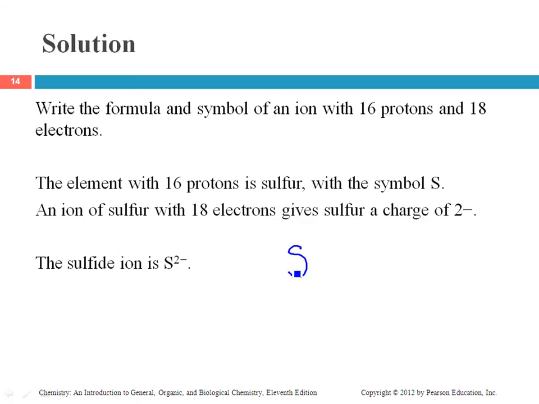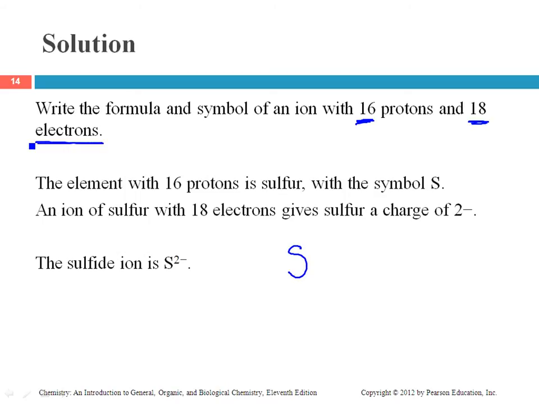Usually with our neutral atoms, that was important because now we're going to look at atoms that are not neutral. We're looking at ions. We have 16 protons and 18 electrons. Normally we've seen 16 protons and 16 electrons, identical.